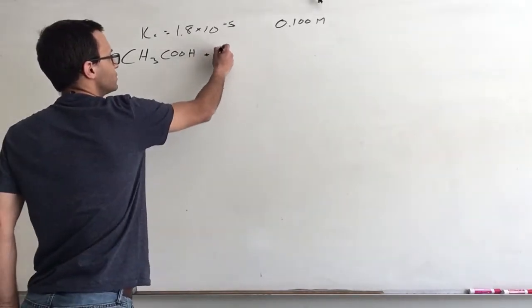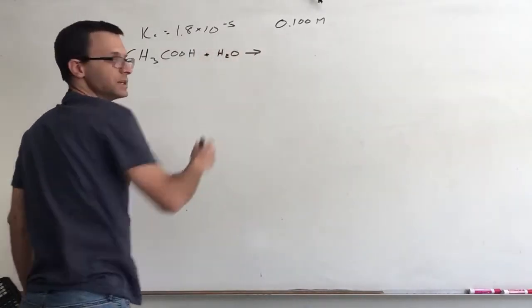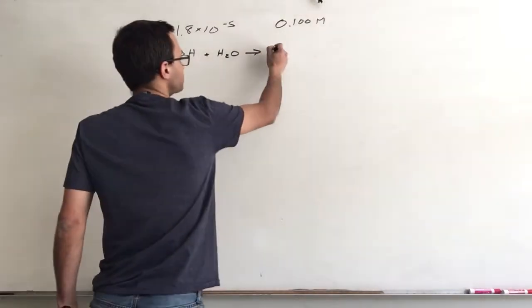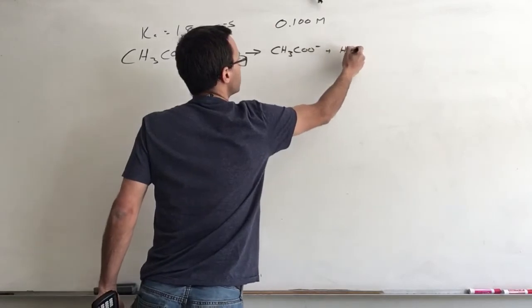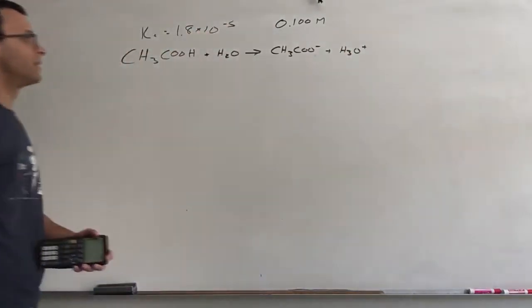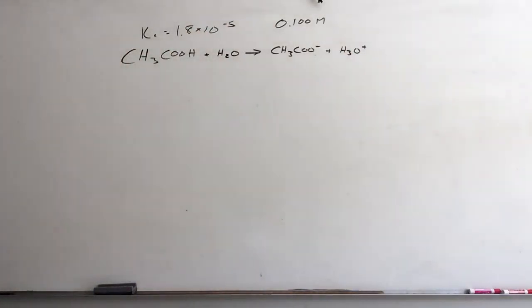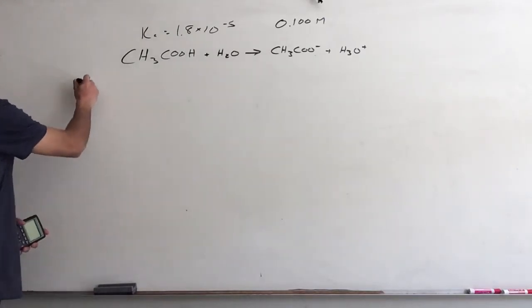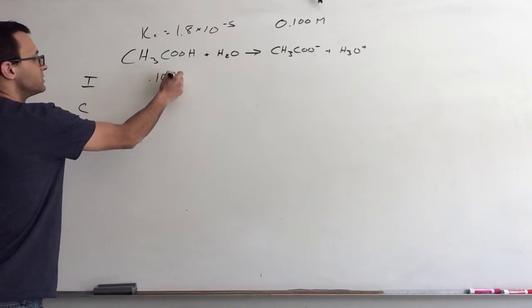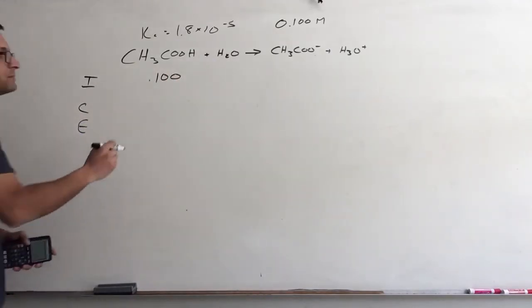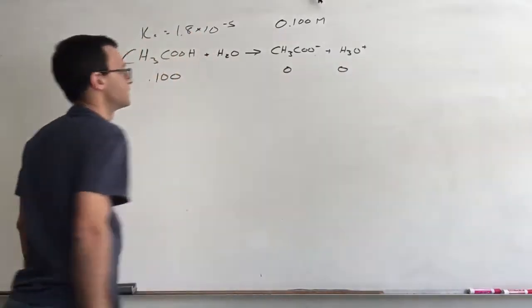You would have to first show the dissociation of acetic acid into the acid and base conjugate species. And then you set up your ICE table. You start with 0.100 molar of the acetic acid, none of this and none of this.